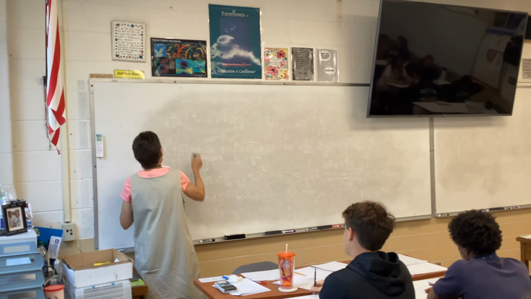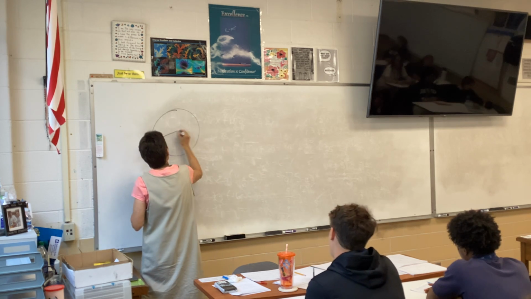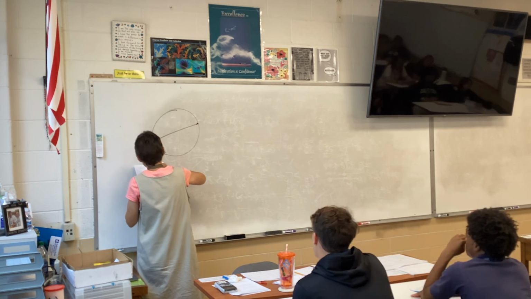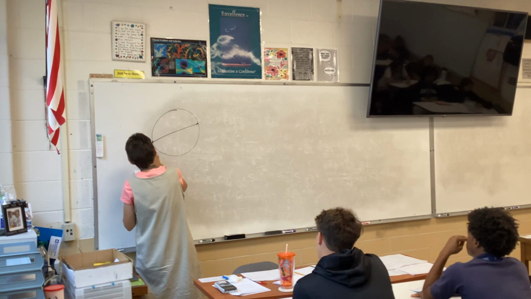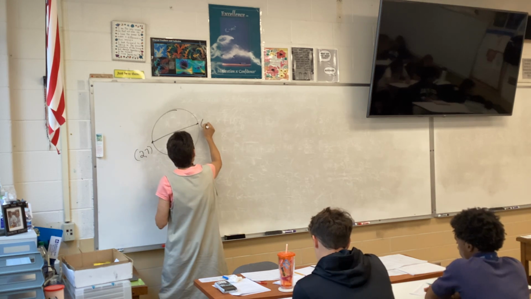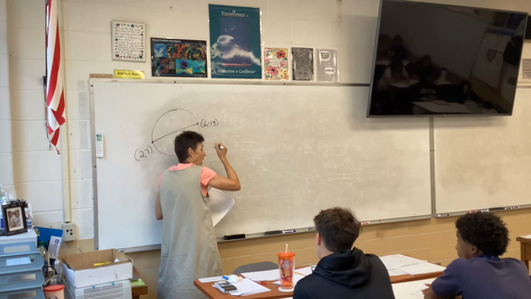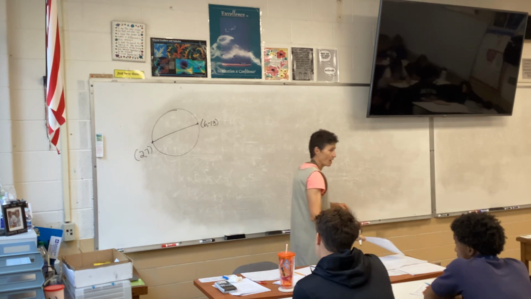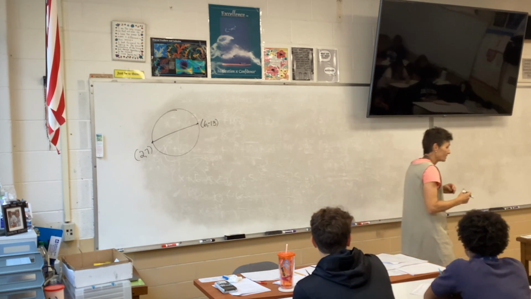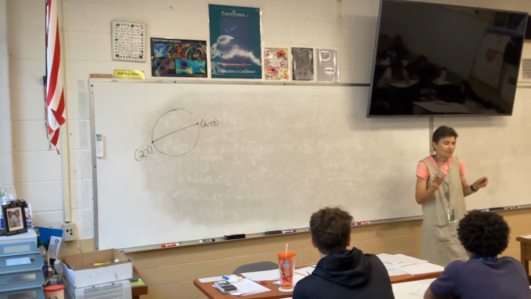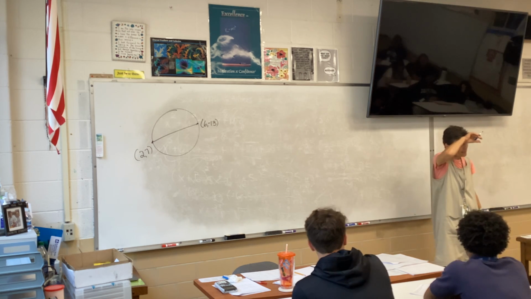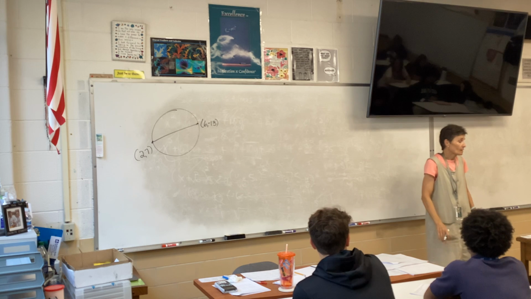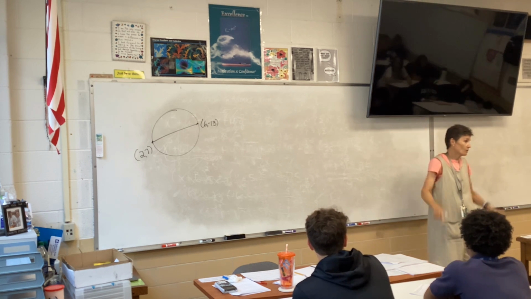But this time, what we know is that the diameter has endpoints at 2, 7, and 6, -13. Now, I know I didn't plot those, I know they're not right, relative to each other, but that's irrelevant, it doesn't matter. I need to write the equation of a circle that has a diameter with those endpoints.